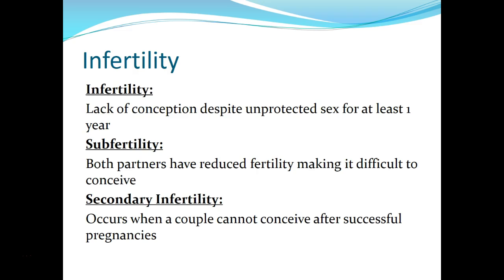So the mom has fewer eggs than a normal person, and the dad would have less sperm. Secondary infertility occurs when a couple cannot conceive after successful pregnancies. So we have a mom and dad who have had children, and now they're trying to conceive, but they can't.